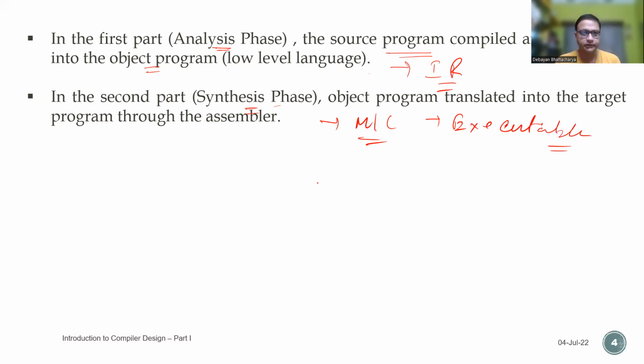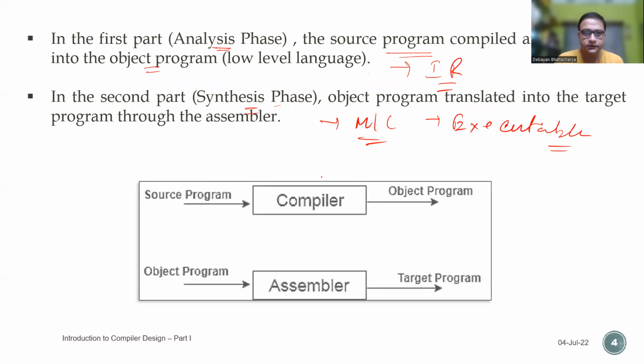That means executable code. Okay. So this is the pictorial representation of these two phases. In the first phase, the analysis phase, the source program, the program written in high level language, is taken as input by the compiler, which generates the object program or the intermediate representation, normally represented in assembly level language.